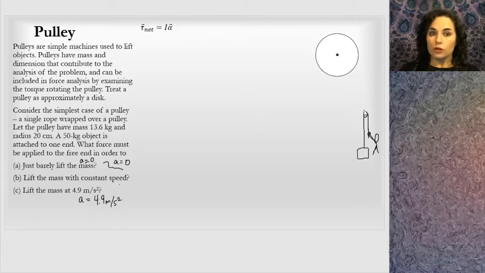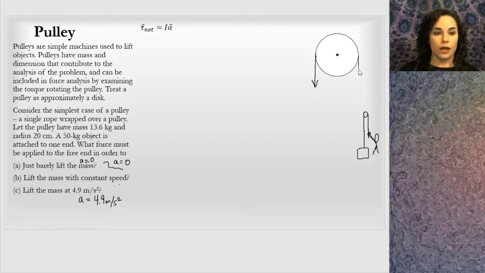Before, when you had a massless, frictionless, dimensionless pulley, you could assume that those two tensions were the same tension. But in this situation, there's going to be a net torque, and this force is pulling downward and this force is pulling this way, and so we need to denote that those two forces can't be equal in order to cause this pulley to rotate. The one has to be larger than the other.